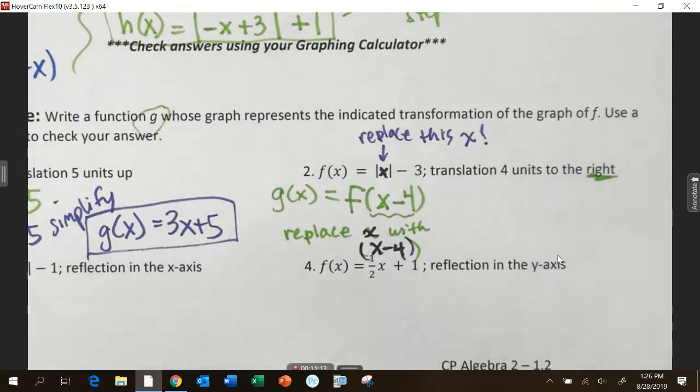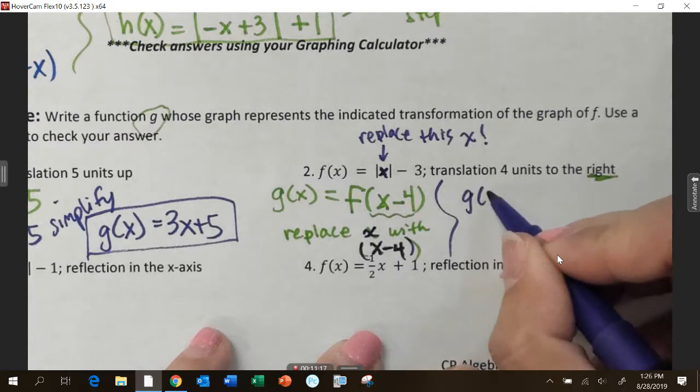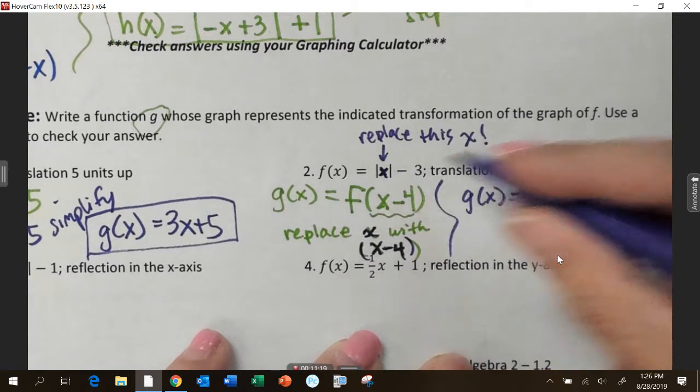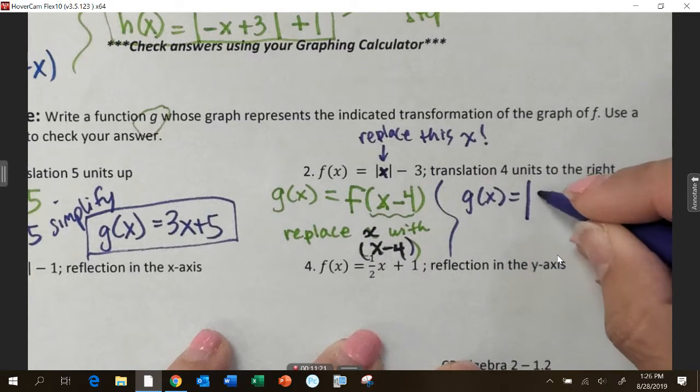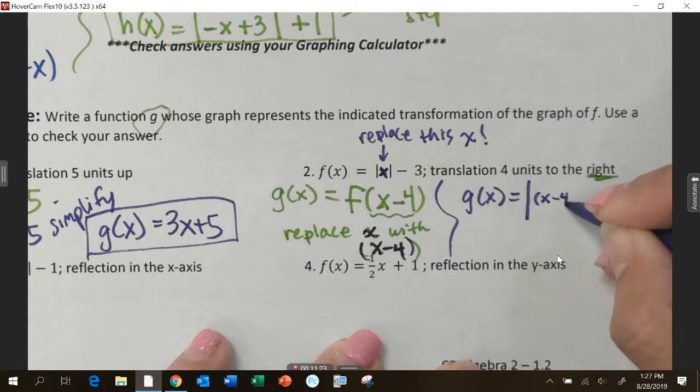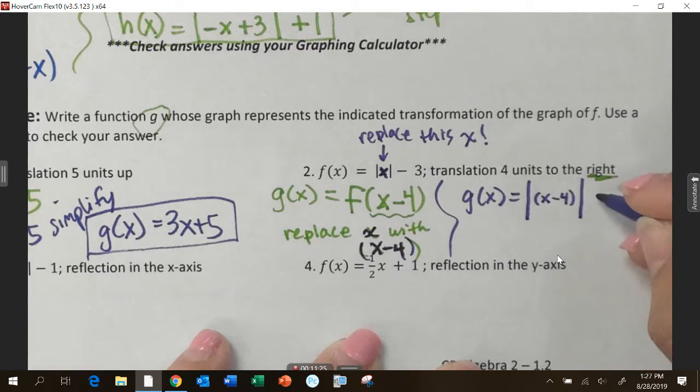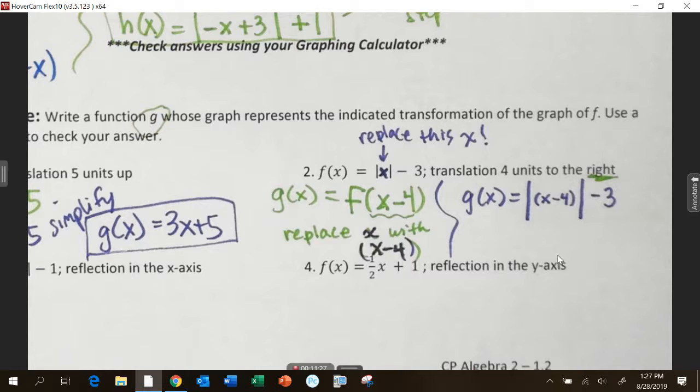So you will write the whole equation. You will just replace that x with parenthesis x minus 4. But notice how my absolute value is still there. Notice how my minus 3 is still there on the outside of the absolute value.